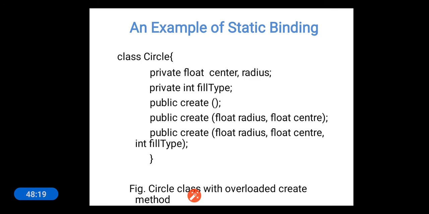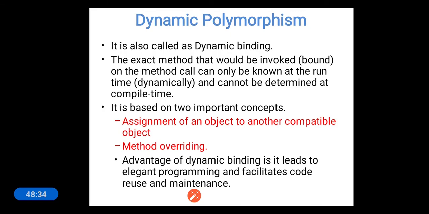If I had given abc dot create x comma y, then this second create method will be executed. That means I know which method will be invoked at compile time itself. But that cannot be known in dynamic polymorphism. So that's the difference between static and dynamic.